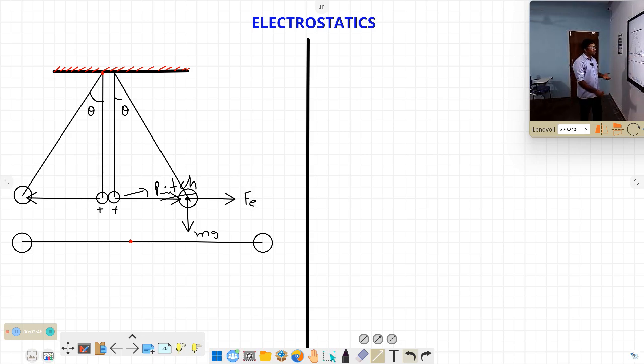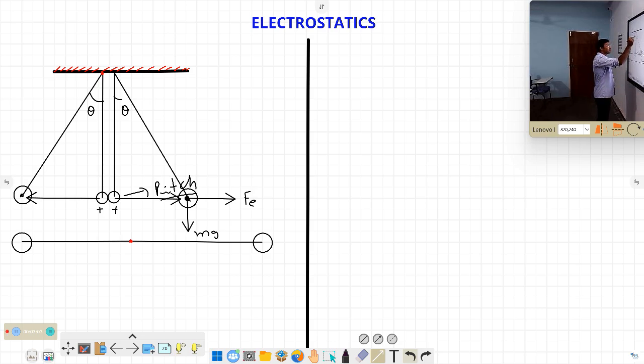Due to electrostatic force, these two pith balls try to separate, but due to weight, as they are getting separated, weight is also going to act. That's why at one position, the charge pair will come into equilibrium condition.